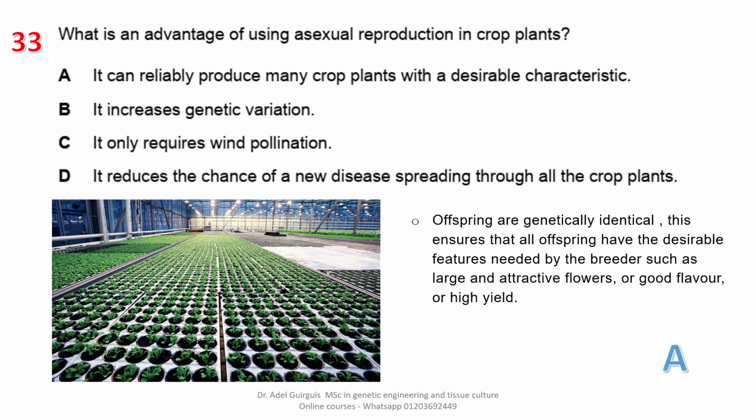So the answer is A. What about B? It increases genetic variation. Sure, wrong. Why? Because sexual reproduction with many different types of gametes is responsible for variation within a species if they are reproduced sexually. Okay? Sexual reproduction is needed for variation, while asexual is like copy and paste.